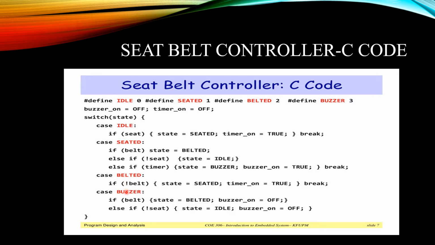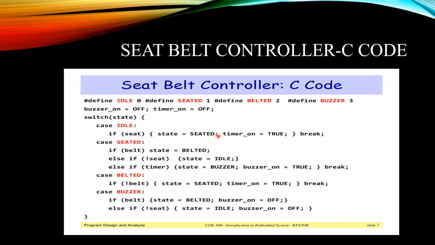It has to change the state whenever an input is received. First let's see the idle state. Idle state means there is no person in the car seat. If the seat is filled, that is seat equal to 1, meaning the person sat on the seat, the state goes to the seated state, and automatically the timer turns on.